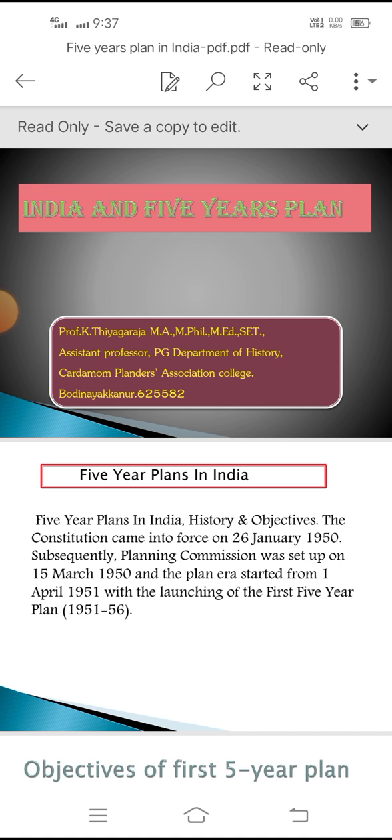So the economical condition: when a country stands in a prosperous economic condition, it is very rich and a very developed state in all aspects.